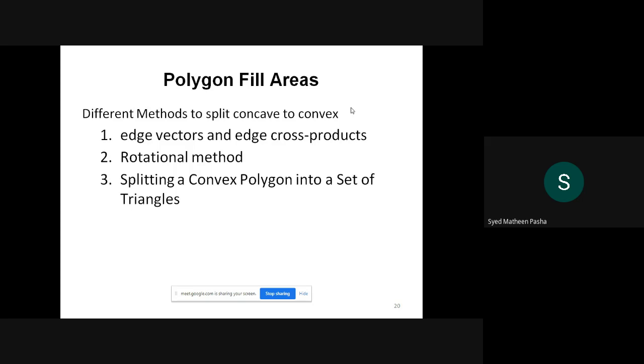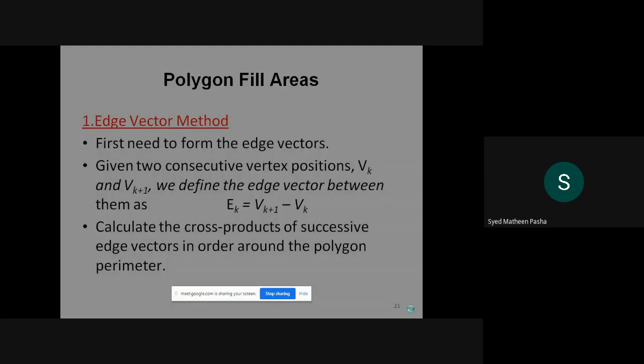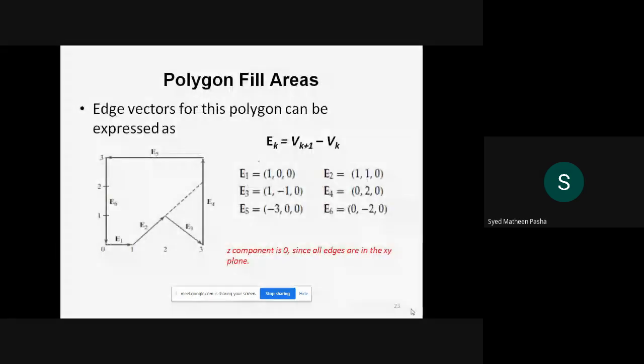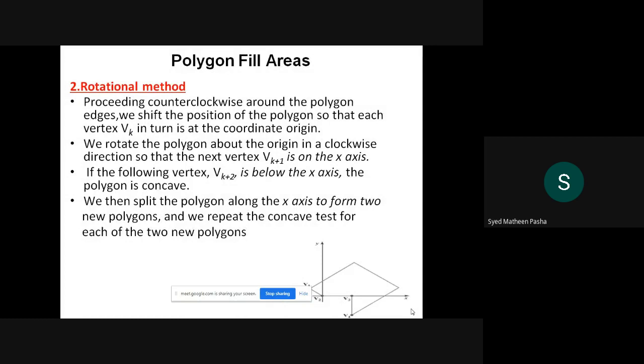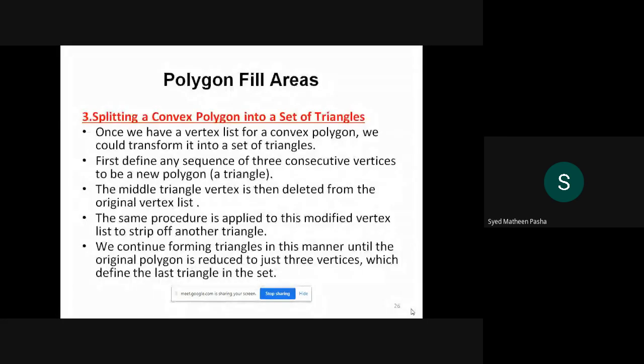It might be asked to explain the different ways to split a concave polygon into convex polygons. At that moment, you should answer with these three methods. Or individually, this might be asked for 5 to 6 marks. So that is what we studied, the three different methods to split a concave polygon to convex polygon.